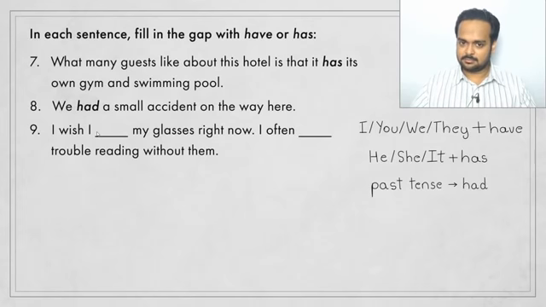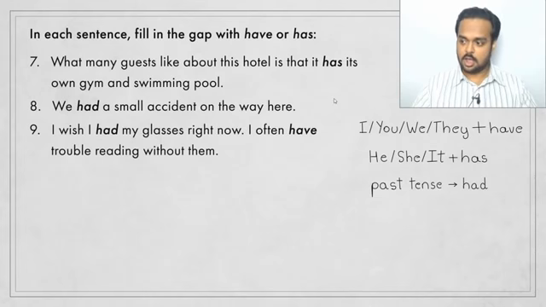I wish I have? No, here it should actually be had, because the rule is that if you use the verb wish, the next clause always uses a past tense verb. That's just how the verb wish is. So here we know we need a past tense verb. What about here? I often have, has, or had.